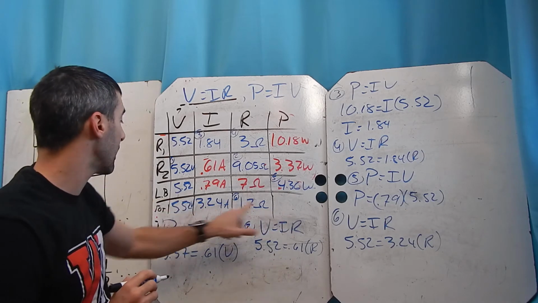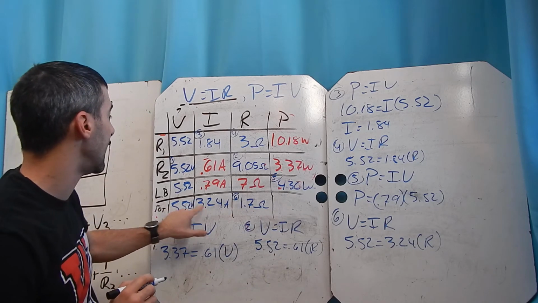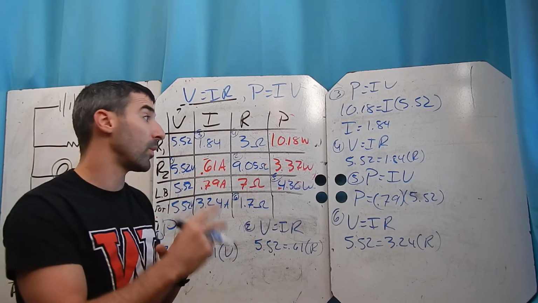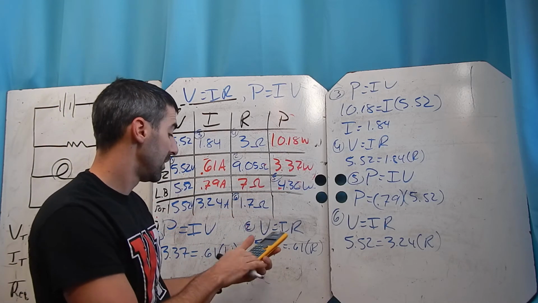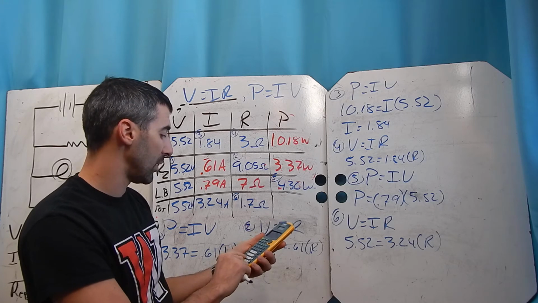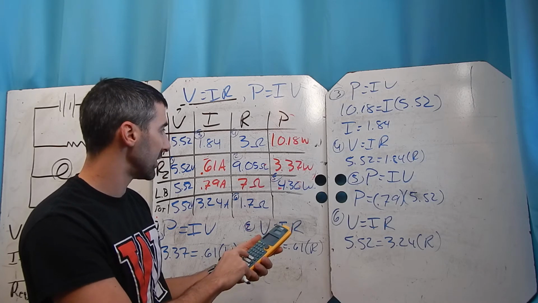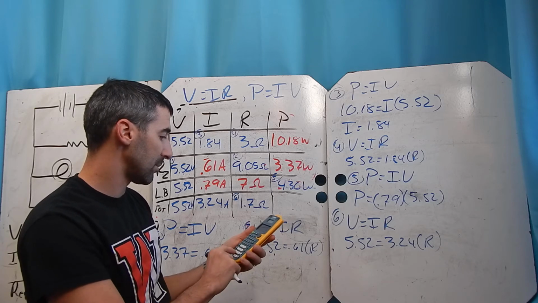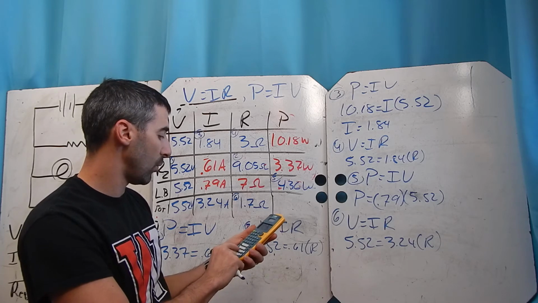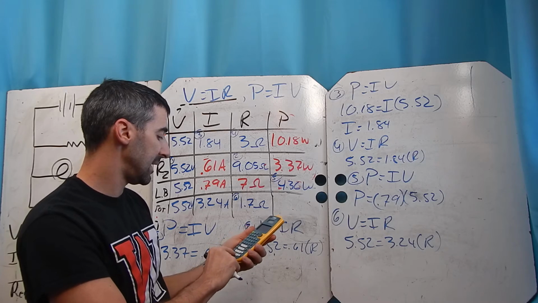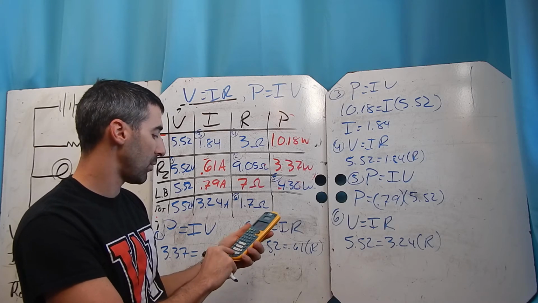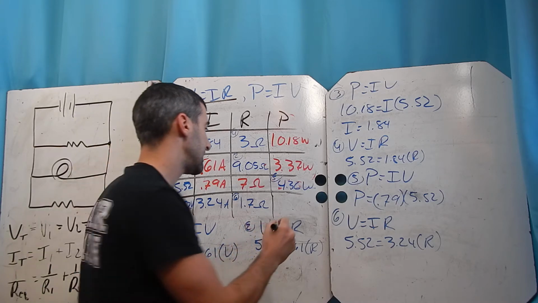And now for the power, I can do power equals I times V, or I can add them up. If I do it both ways, I'll find out that it's right. Just for completion, 10.18 plus 3.37 plus 4.36, oh, I pressed the wrong button. 10.18 plus 3.37 plus 4.36, 17.91.